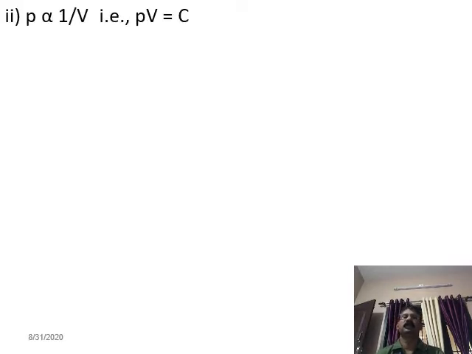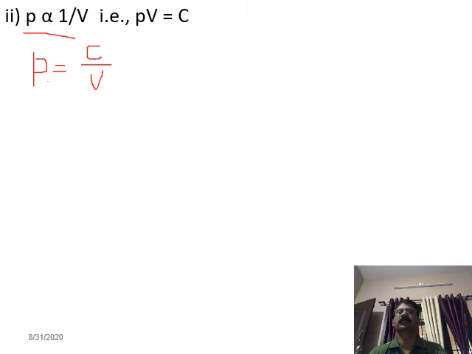P is directly proportional to 1 by V, or inversely proportional to V. That is nothing but P is equal to C by V. If you write this with the equality sign, replacing the proportionality sign, a constant C comes in, and P is C into 1 by V, so it becomes C by V. Or if I bring this to one side, PV is equal to C. This is what is written here.